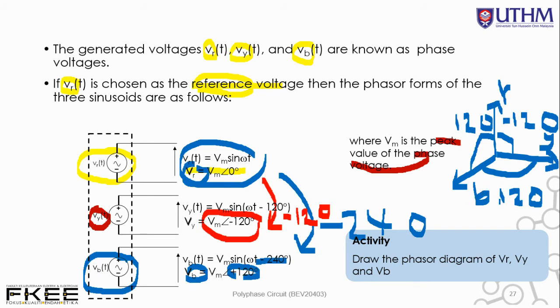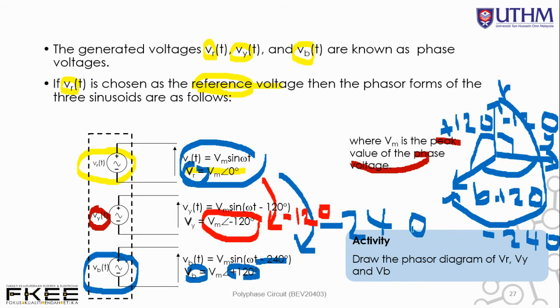So we have negative 120 from Y, but from R here to here, this is minus 240. All right, or similarly, this is actually plus 120. Okay, VR is actually 120 plus VB.